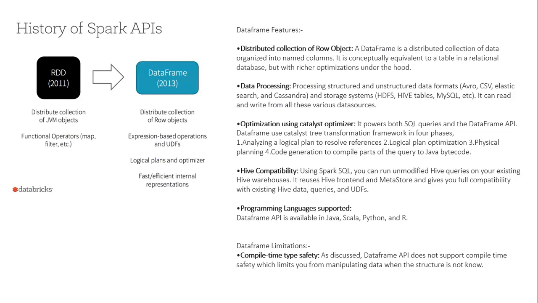You can do all kinds of operations on it. I've also listed all the other important features of data frames, so you need to be aware of them. But the main difference between an RDD and a data frame is that a data frame infers the schema, and you can apply a lot of SQL-like operations or even SQL functions.